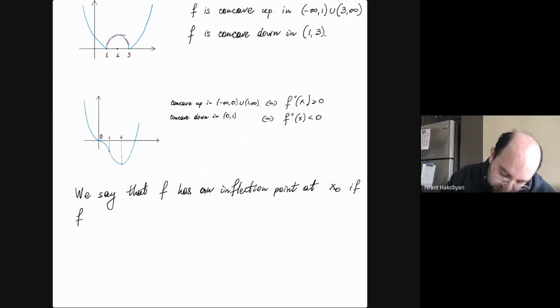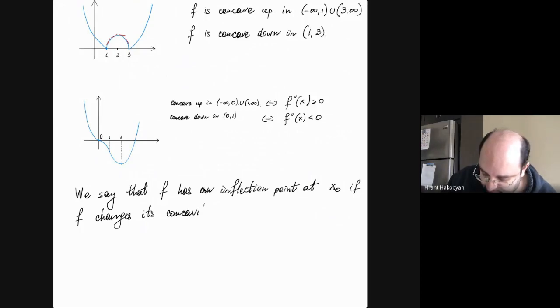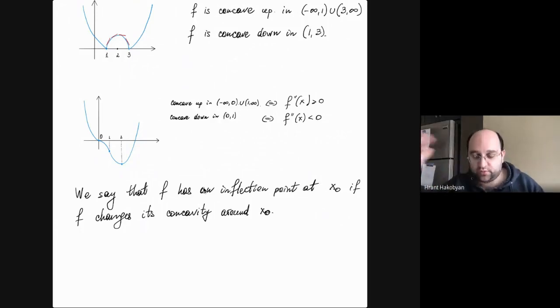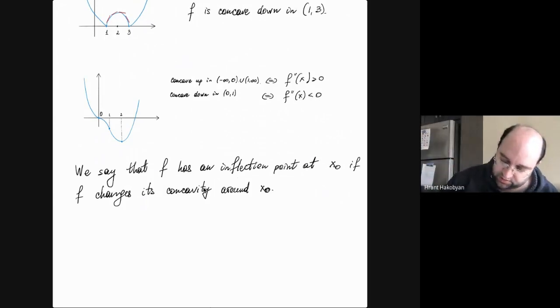F changes its concavity around x naught. That means it goes from concave up to concave down or from concave down to concave up.